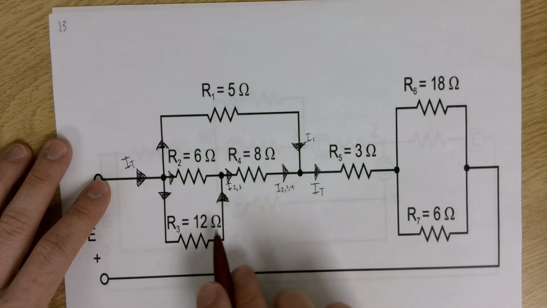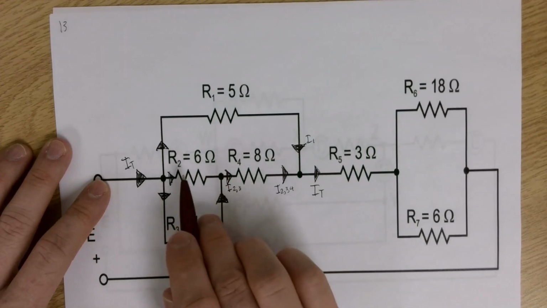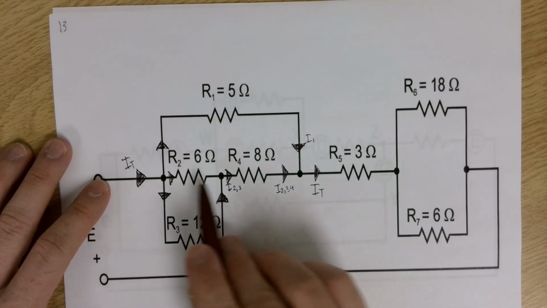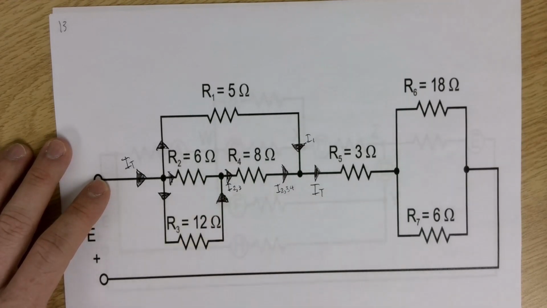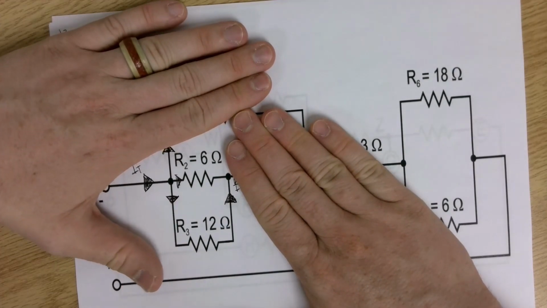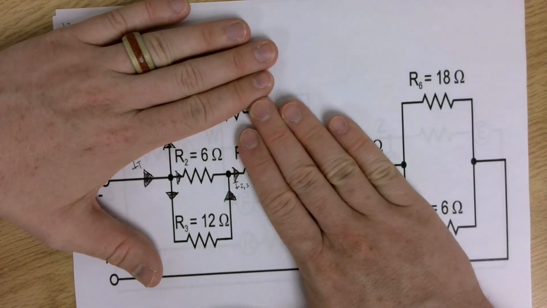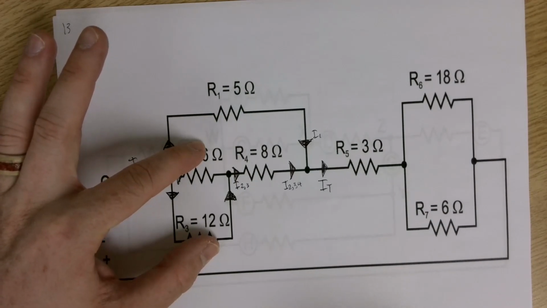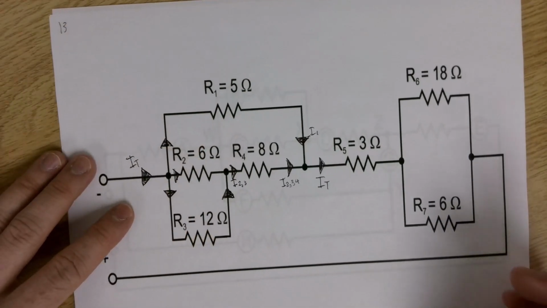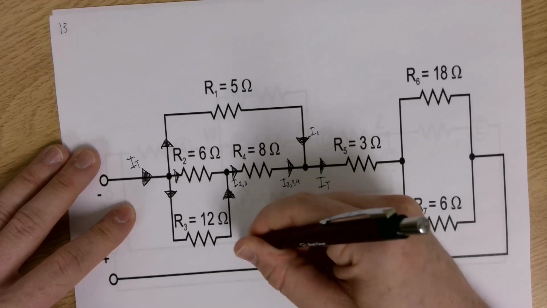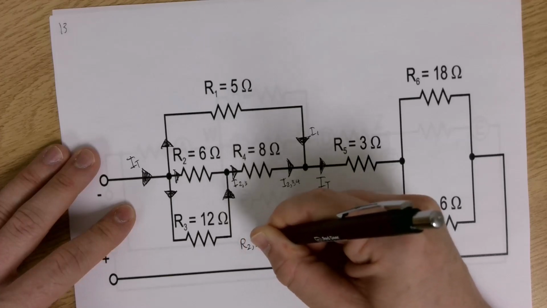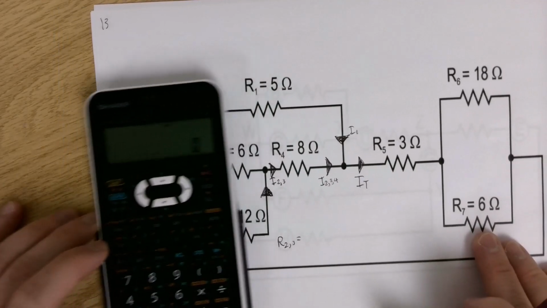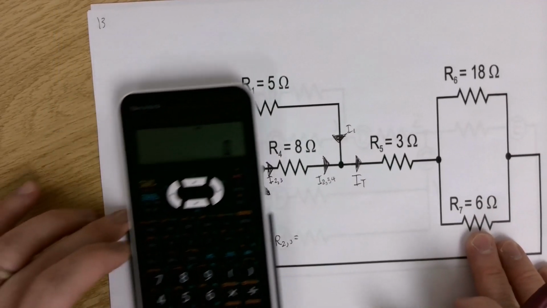So that tells me that R4 is not in series with R2 exactly. But if I just put my hand over other parts of the circuit, I can see that R2 is in parallel with R3. So if I put those two together, I get a resistance of R23. I won't do every calculation in here, but let's just add those together real quick.